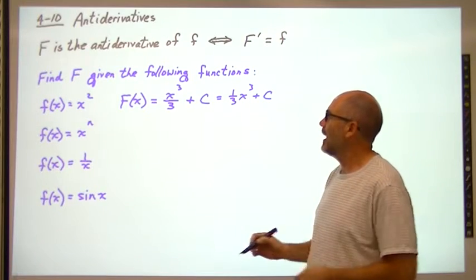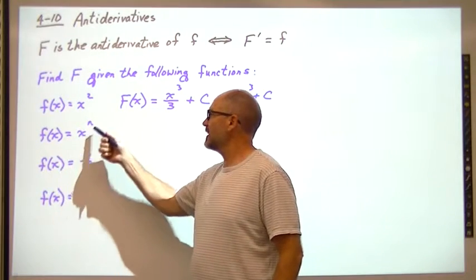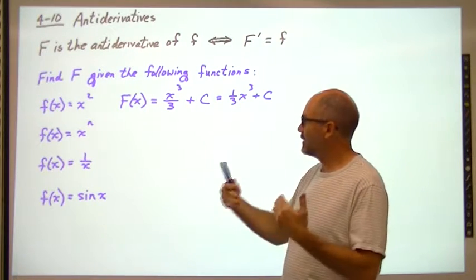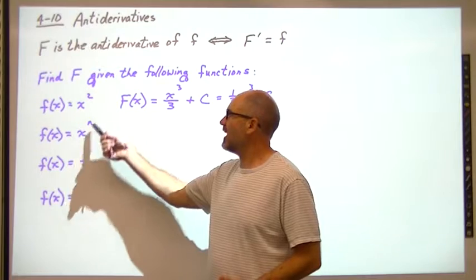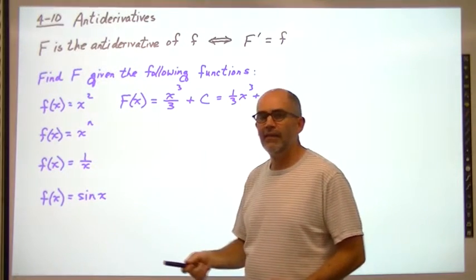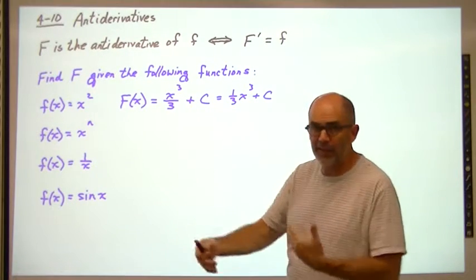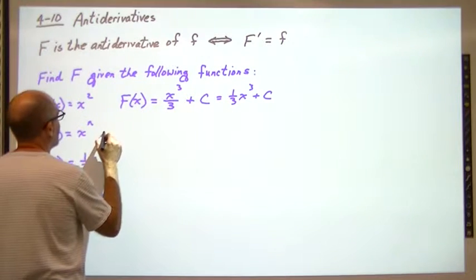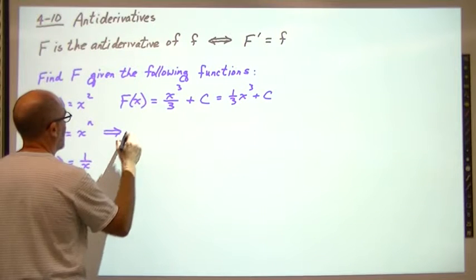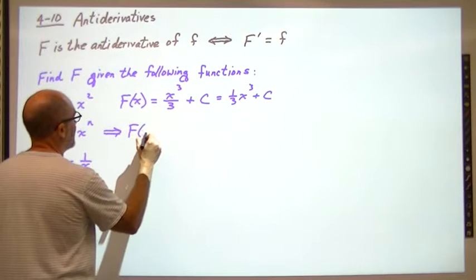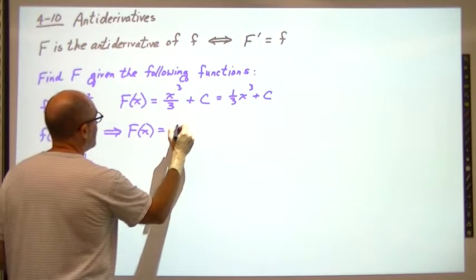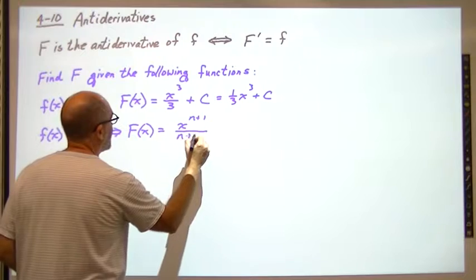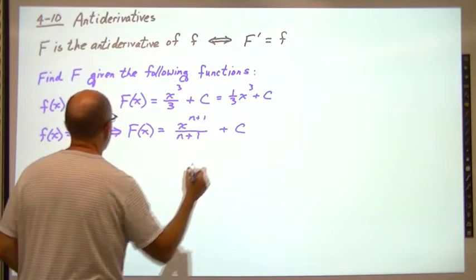Okay, so if I have the function x to the n, let's make our antiderivative of any x to the n. That means basically we're going backwards from the power rule. So, F of x, the antiderivative, is going to be x to the n plus 1 over n plus 1 plus c.